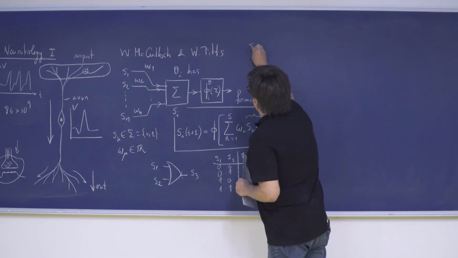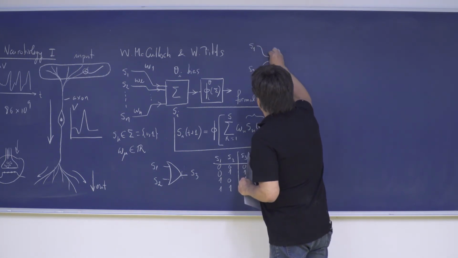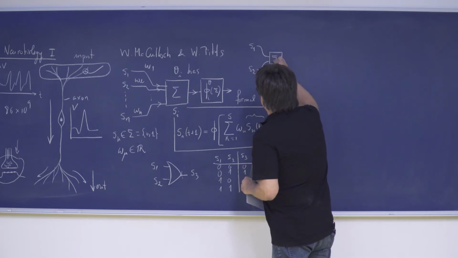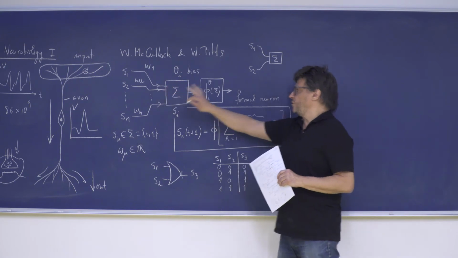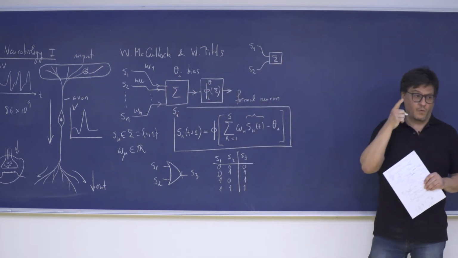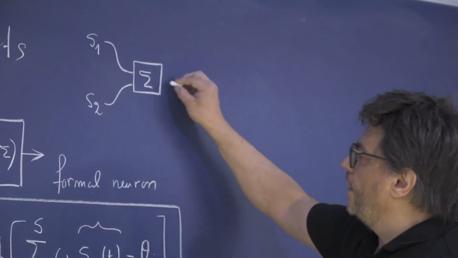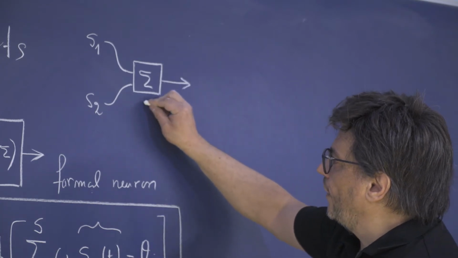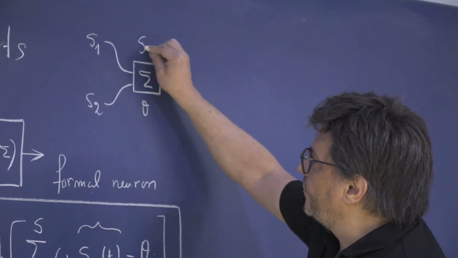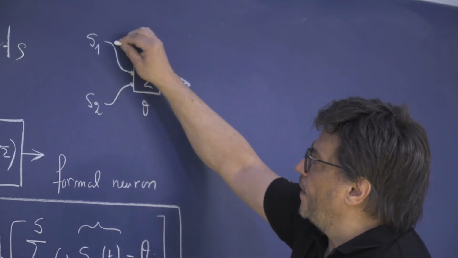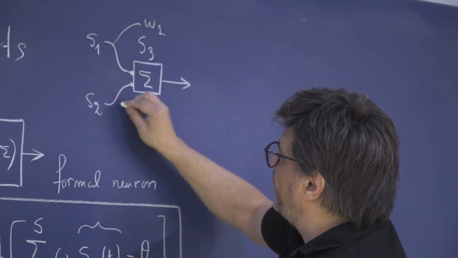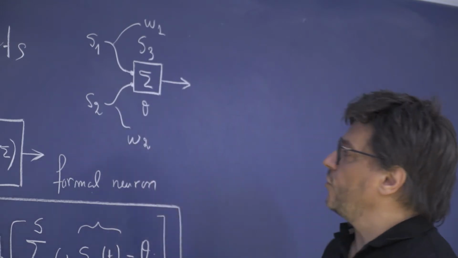Assume that I'm now going to consider my formal neuron, right? I go from this general case to this simple case. 2 inputs, 1 output, right? Okay. I have a bias. This will be my neuron 3 if you want. These 2 have inputs weighted by some numbers.